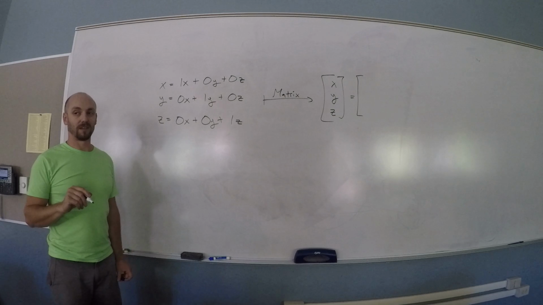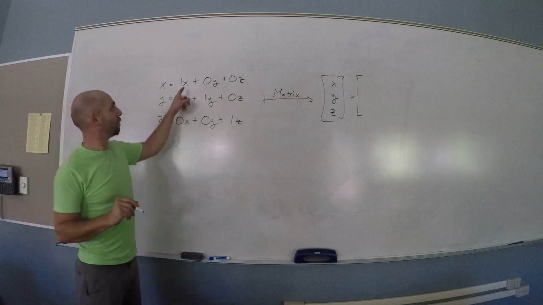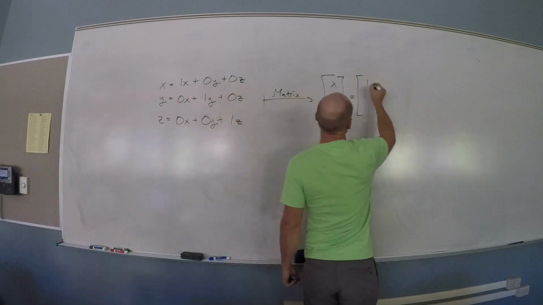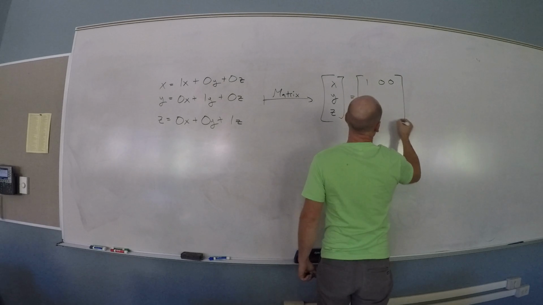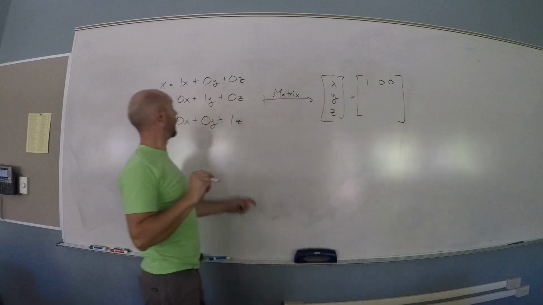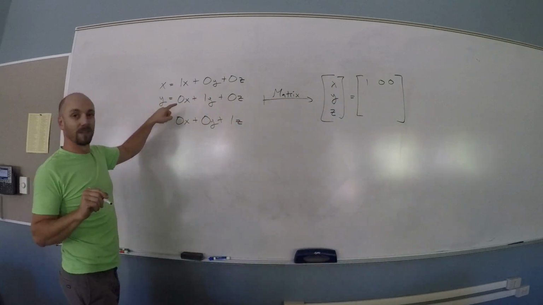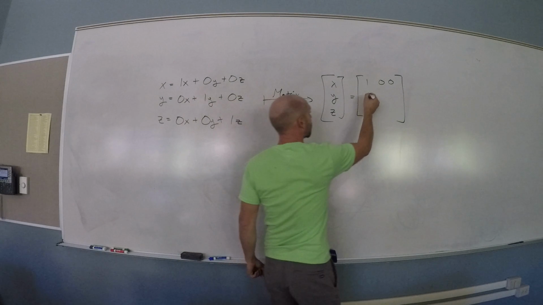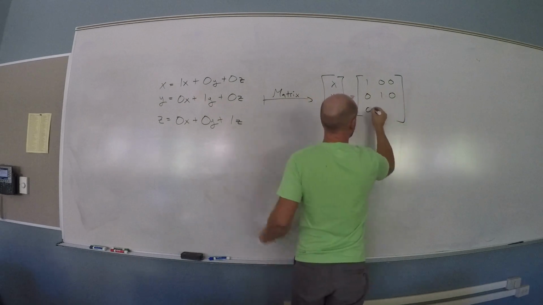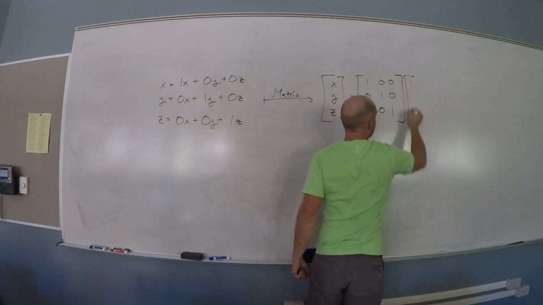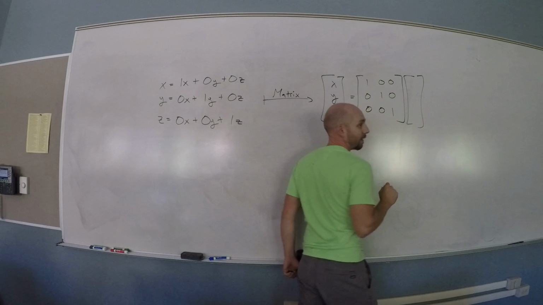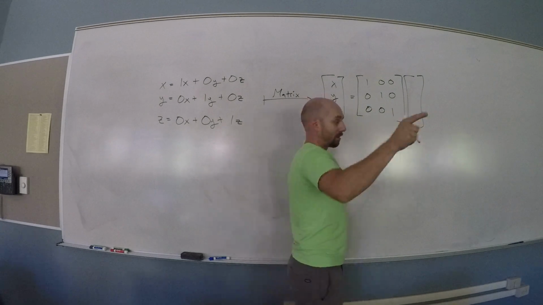So on the right, I have 1, 0, 0. And in the middle, I have 0, 1, 0. And at the bottom, I have a 0, 0, 1. And that whole thing is multiplied by what? X, y, and z.